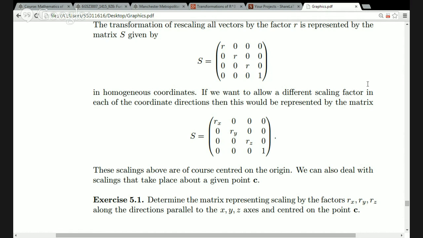Then we'll perform a scaling relative to the origin using a scaling matrix that we've just looked at. And then thirdly, we'll translate back, so that this time now the origin goes to C.